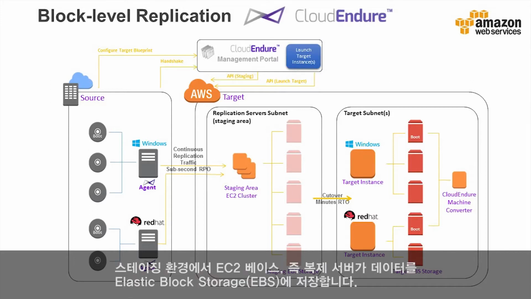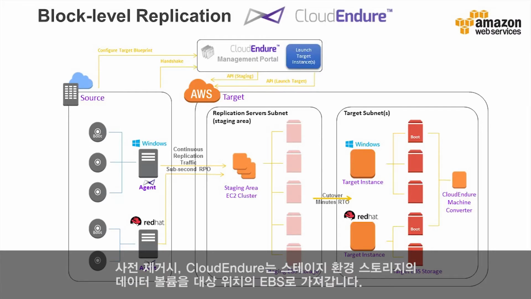In the staging area, the EC2-based replication server stores the data in Elastic Block Store. At the time of migration cutover, CloudEndure takes the data volumes in the staging storage to the EBS on the target location.